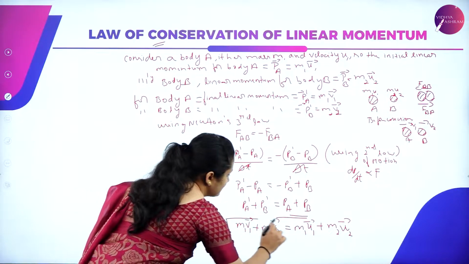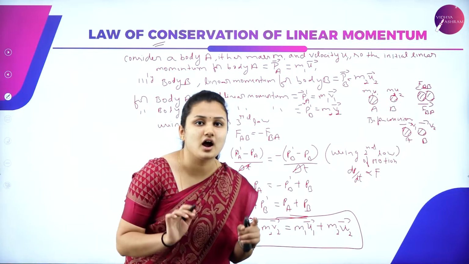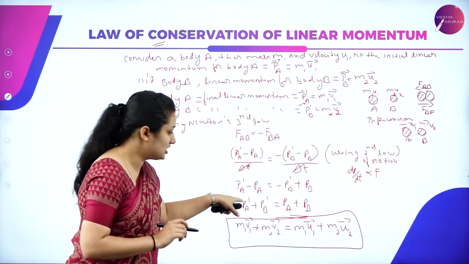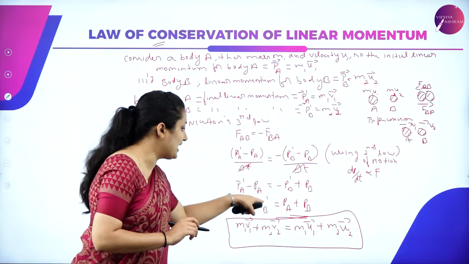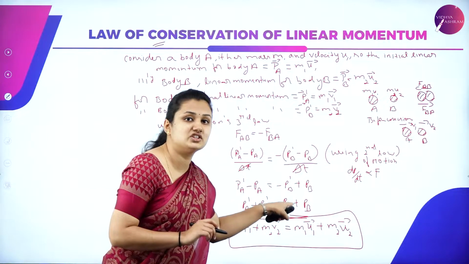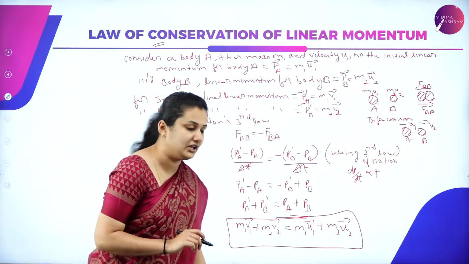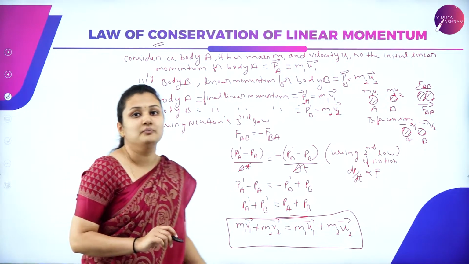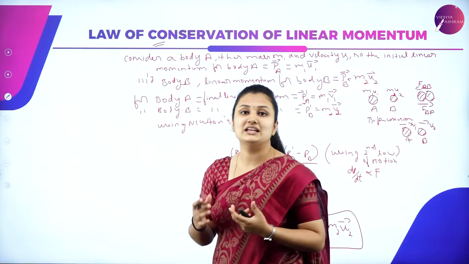So, I can say the total momentum of the system is conserved. The final momentum of body A plus body B is equal to the initial momentum of body A plus body B. So, they are equal. What can I say? The total momentum of the body is conserved.